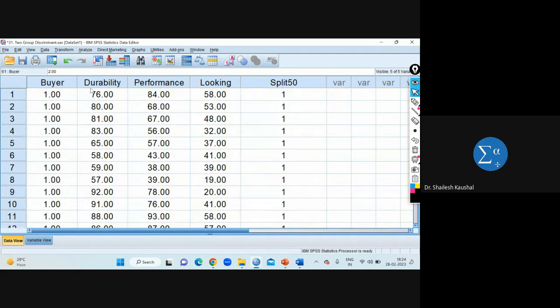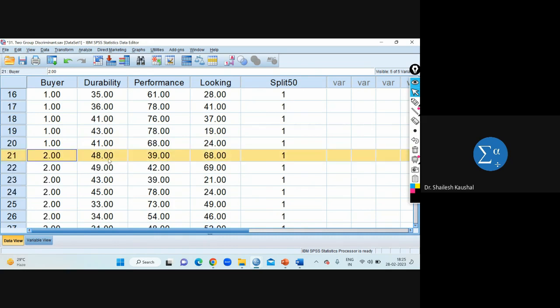In this data set, there are three independent variables: durability, performance, and looking. Respondent number one gives 76 marks to durability, 84 marks to performance, and 58 marks to looking. So we will predict whether this particular person will buy the product or not. Other sample, this 21st respondent will not buy the product, and you can see the score of this person.